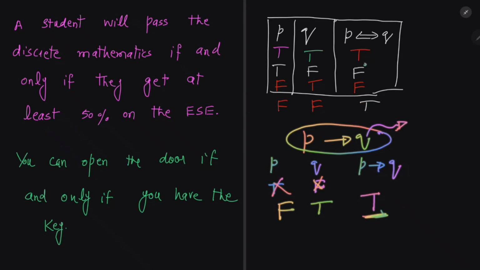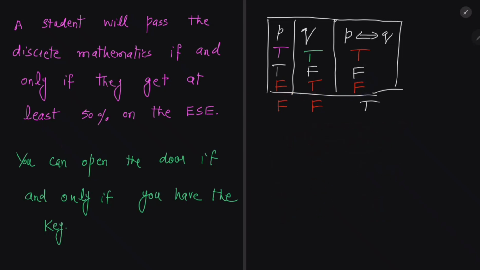But here, this is not the case. When P is false and the conclusion is true, then it is false, since you have to go back from Q implies P. So this was the difference between conditional and biconditional statements. And remember that "bi" means two.